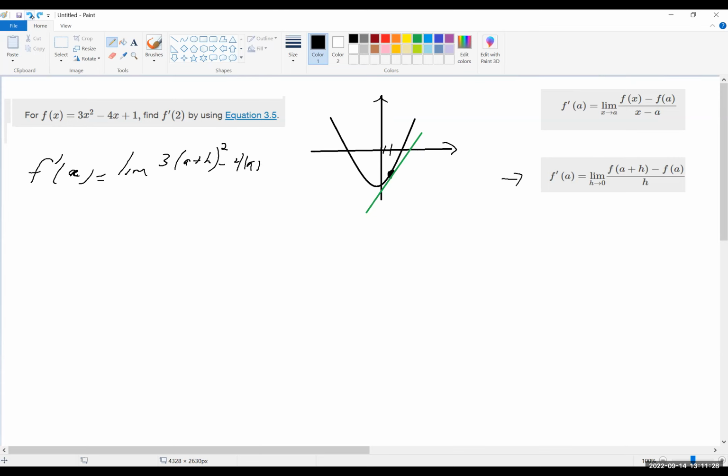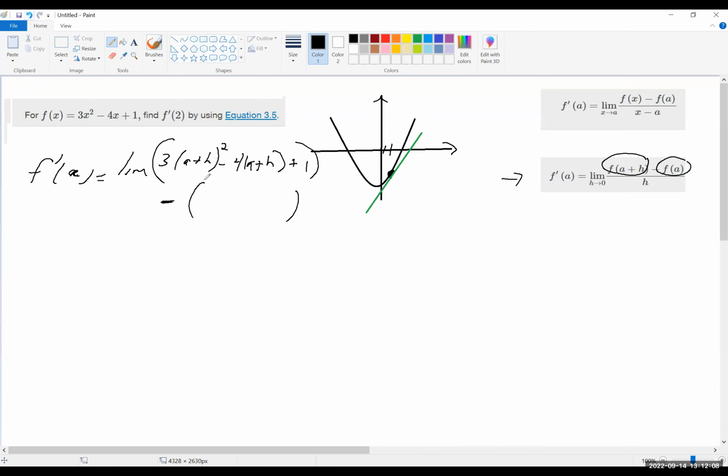I'm not writing straight on the paper, so I'm having to write on an upright screen. A plus h, and then plus 1. Now I'm going to put that in parentheses, and just because of the space, I'm going to have to put the minus sign over here. That took care of this part. Now I just have to do minus f of a.